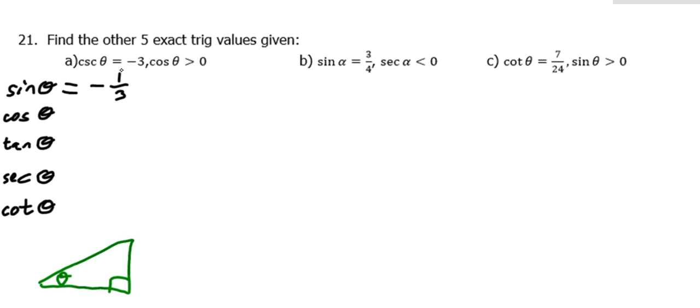Since sine is opposite over hypotenuse, opposite's 1, hypotenuse is 3. That means that the other missing side has to be square root of 8. 3 squared plus, if you call it x or whatever for just a minute, 1 squared plus x squared equals 3 squared, so x equals square root of 8, or 2 square root of 2.